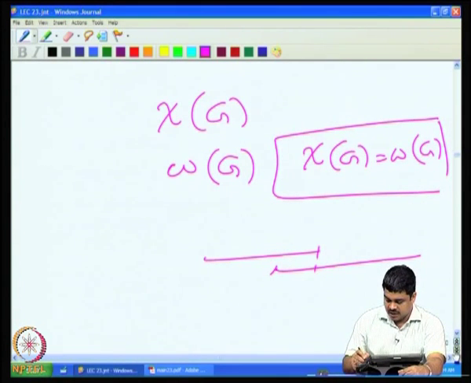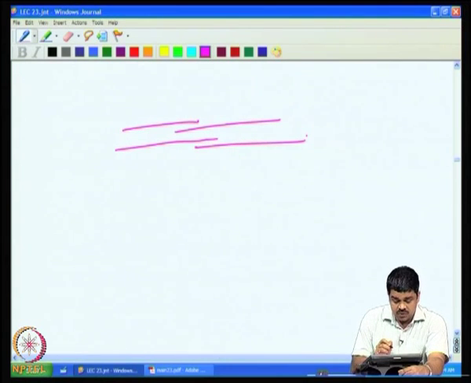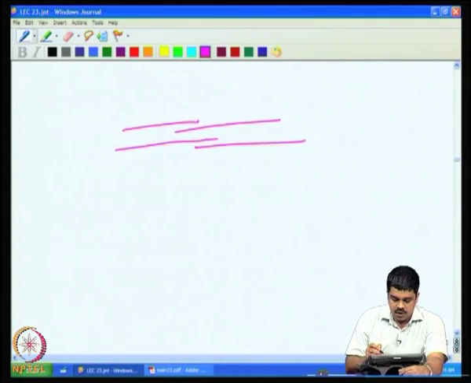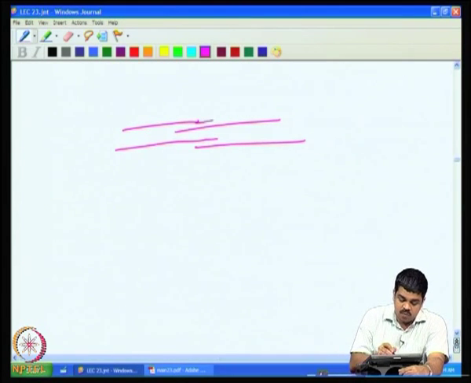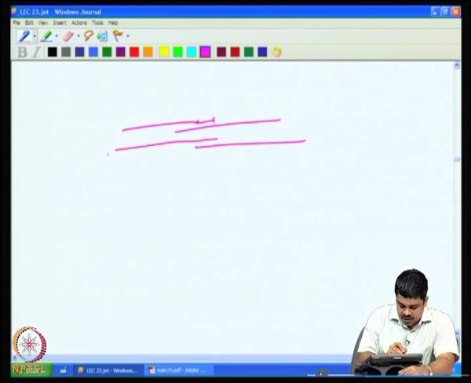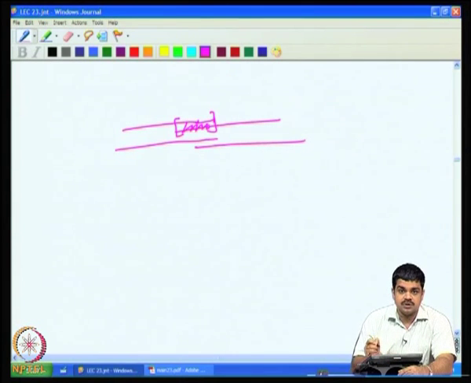Suppose here there is an interval, there is another interval here, and another interval here. My condition is that every pair of intervals should intersect. Can you see that there is going to be a common intersection point? It is not very difficult. Take any two of them; this is the intersection of the two, right.